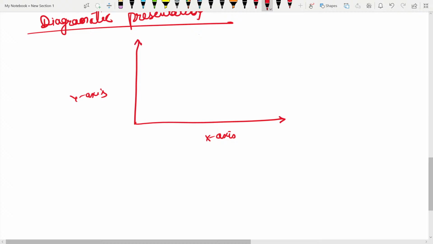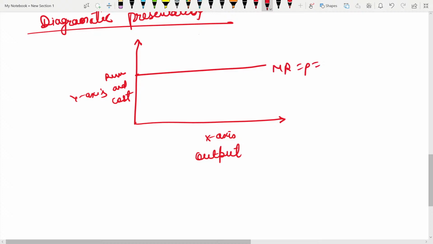On the x-axis is output, and on the y-axis the revenue and cost. So this is MR, that is MR is equal to P is equal to AR, because we are talking about perfect competition. As we have already discussed about the diagram, what would be the shape of MR and AR in various markets.